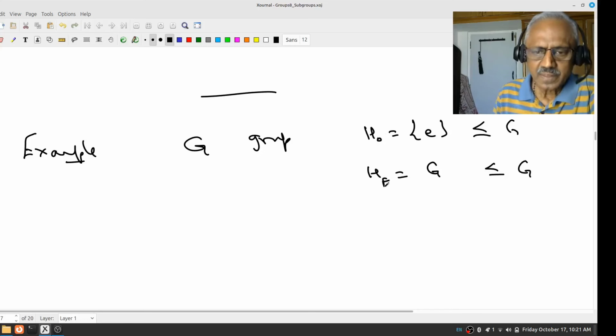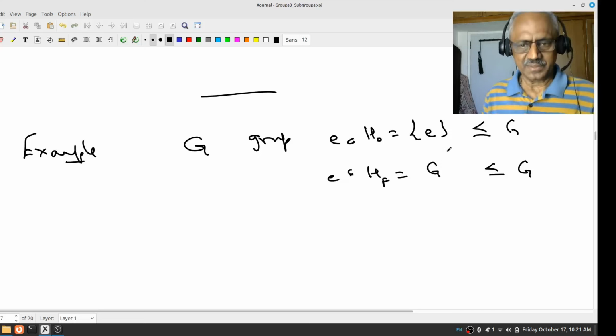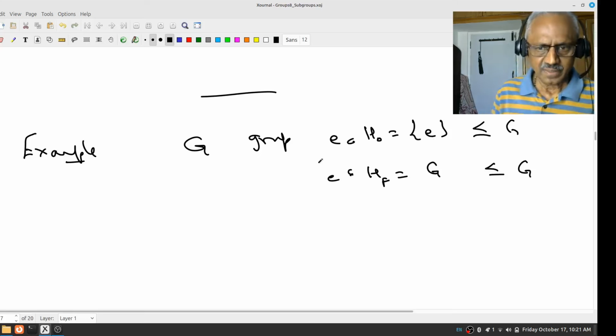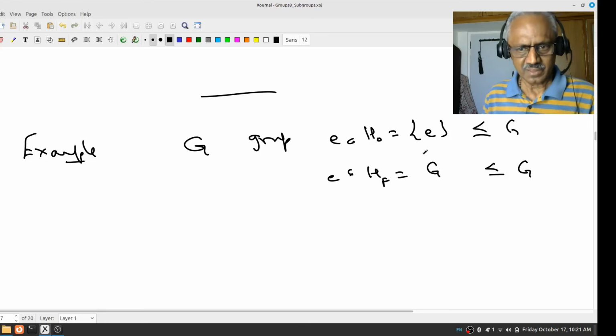E belongs to this, E belongs to this. Next, take any two elements; there is only E, therefore E times E belongs to H. And take any element of H naught, which is E, its inverse is itself. Therefore, H naught is a subgroup.